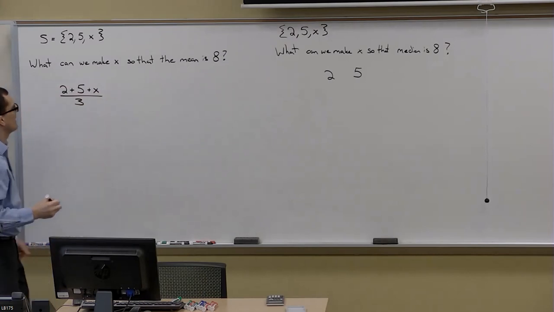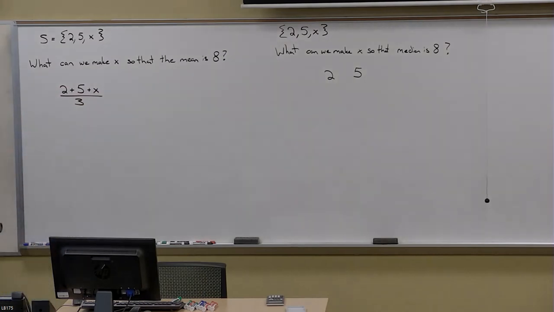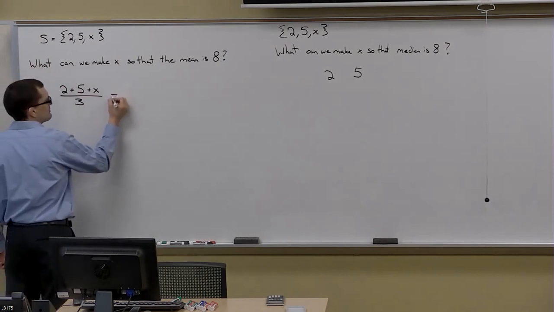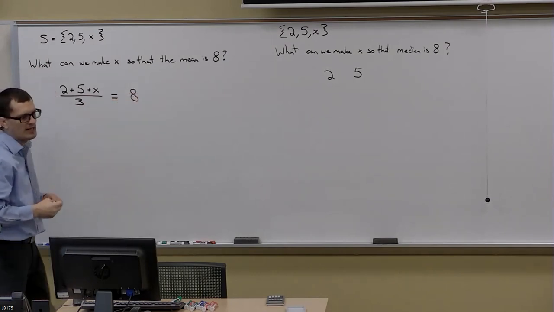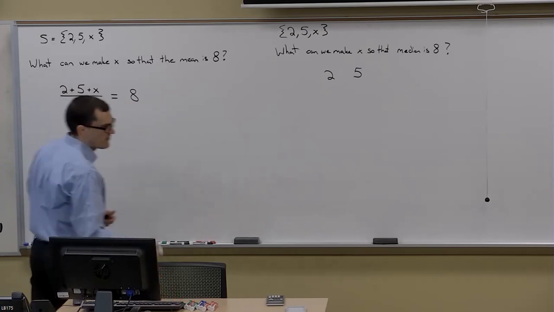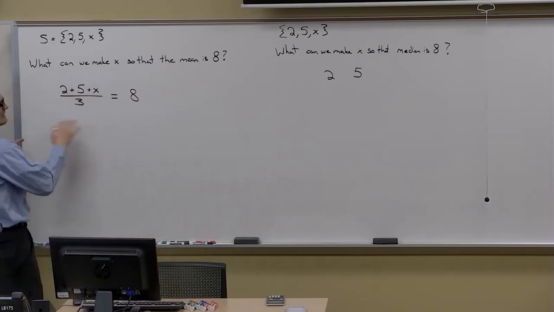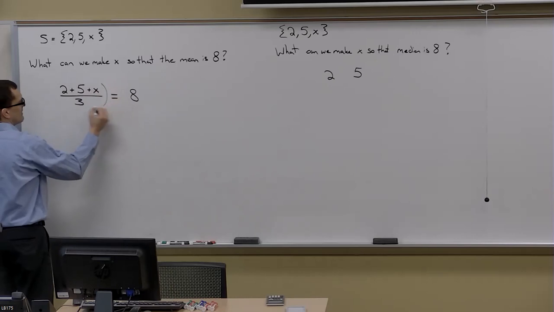All right, let me do these calculations. So the first thing, the set 2, 5, x, if I want the average to be 8, I'm going to add up 2 plus 5 plus x, then divide by 3 and get an 8. And I'm going to do the exact same process I did last time.